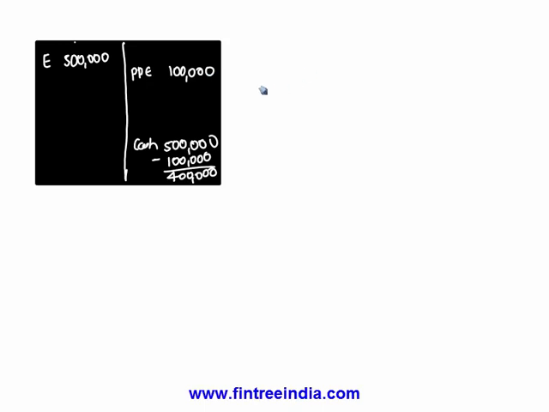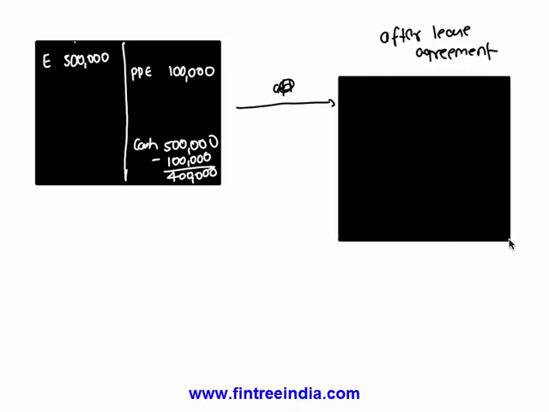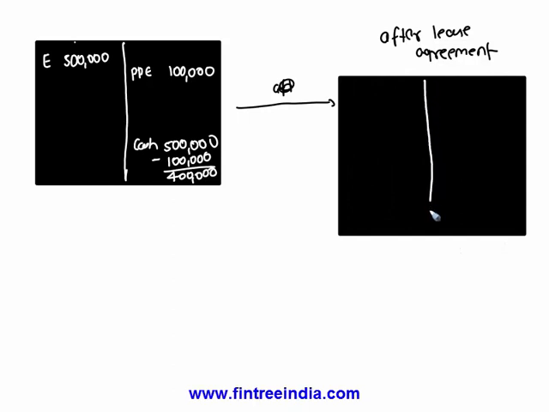Fine. So after the lease agreement, let's create a new balance sheet. Let's call this balance sheet after lease agreement. The moment the lease agreement is signed, I'll give you time, but just focus right now. How will your balance sheet look? Now the moment the lease agreement is signed, that property, plant and equipment is now with the lessee, in the form of a sale.